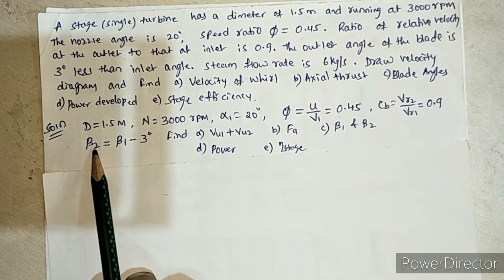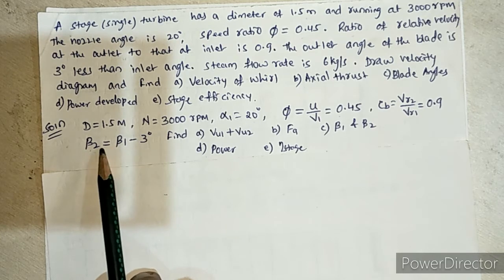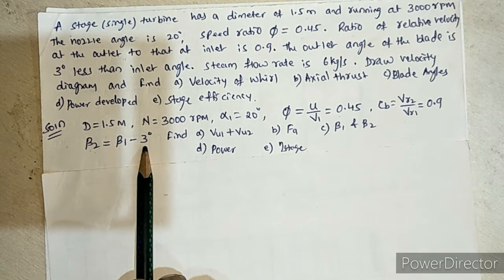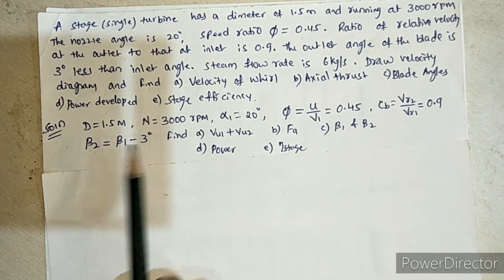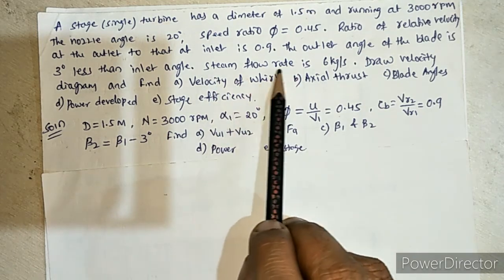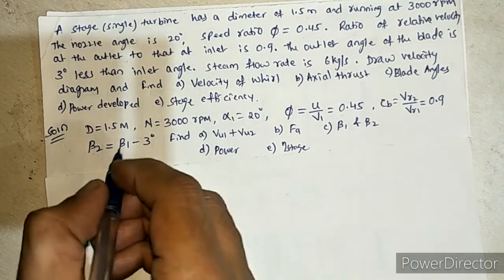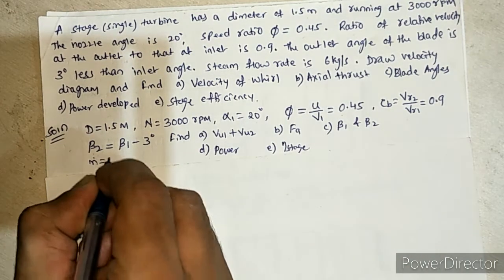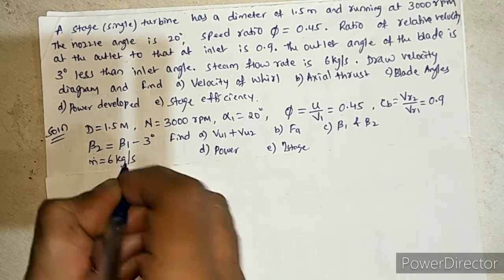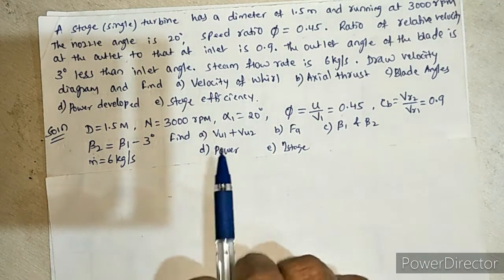So we can say that beta 2 is equal to beta 1 minus 3 degree. Here steam flow rate is 6 kg per second, so mass flow rate m dot is equal to 6 kg per second.